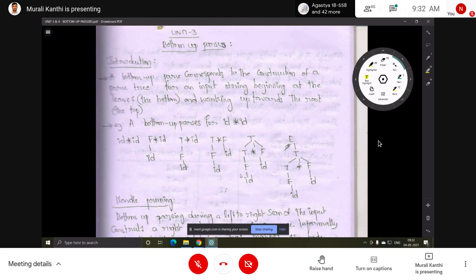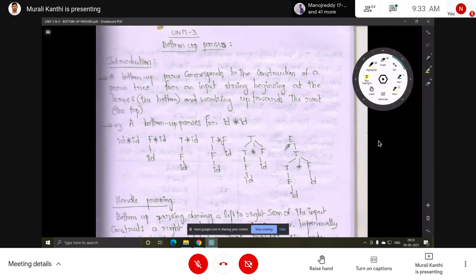Okay, so in the bottom-up approach, first we will see the introduction part. A bottom-up approach corresponds to the construction of a parse tree for any input string beginning at the leaf nodes, that means from the bottom, and working up towards the root node. That's why it is called a bottom-up approach.